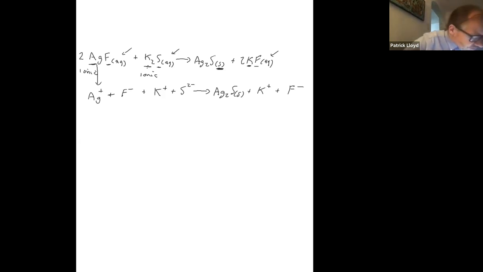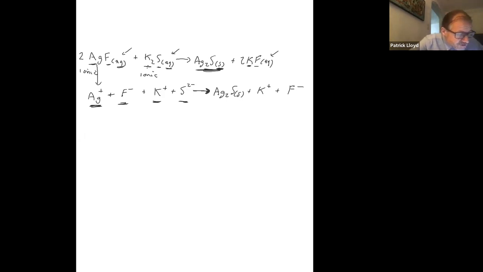Okay? So the format of this equation should look like this. Anything that says aqueous should have two things now. See how this is aqueous? It now has two separate things. This one's aqueous, so two separate things. If it says solid, it's just going to be one thing.